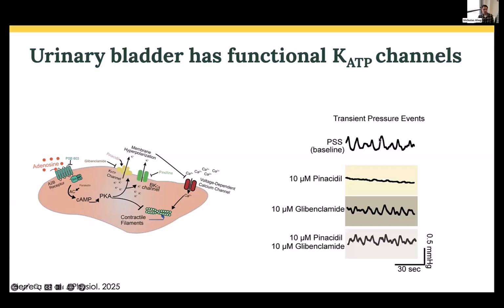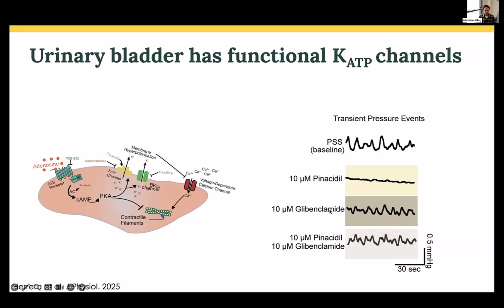Here we have those normal transient pressure events with the full bladder being recorded. Then we added pinacidil, which is a potent and specific synthetic activator of the KATP channel, and this completely silenced bladder activity. So we knew the KATP channel was there. The activation of this potassium channel caused sufficient hyperpolarization to pretty much remove these contractile events in the bladder.